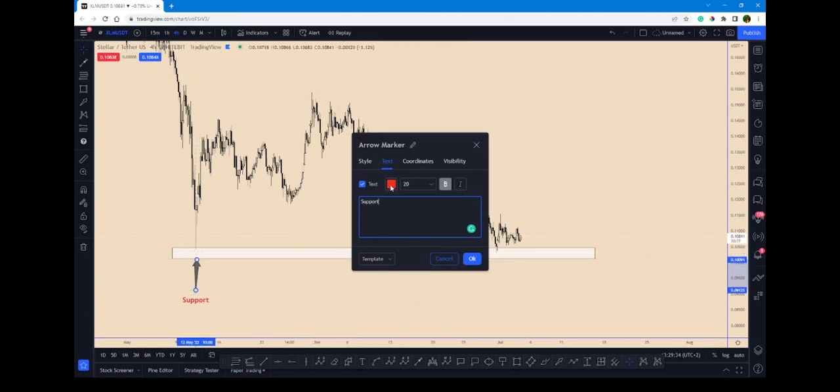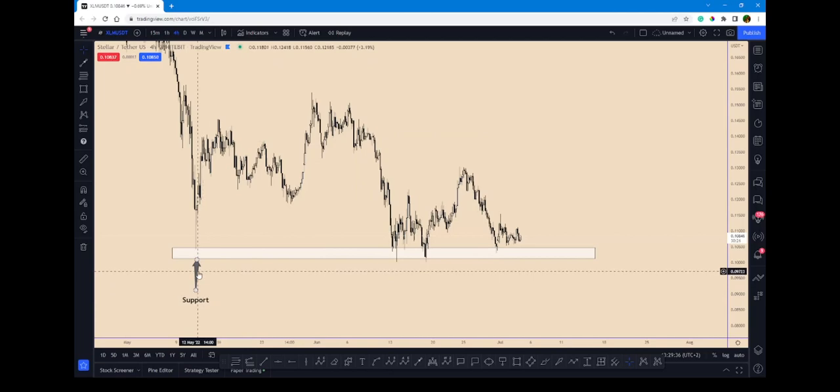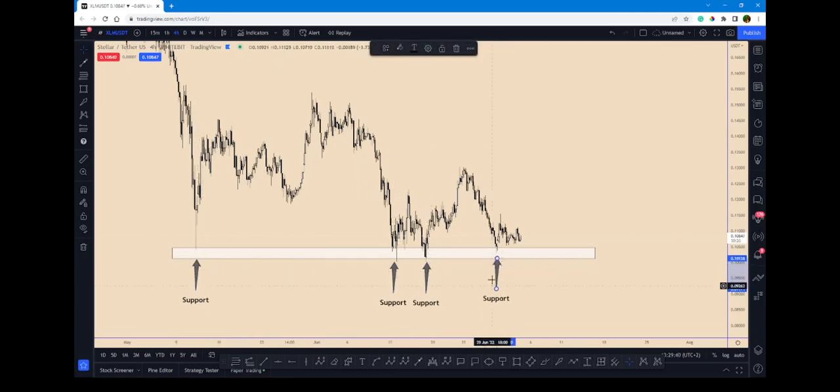These are our support zones, as you can see. First support, second, third, price came down, so the probability is increasing that the price can continue moving up from this point. Now we are going to label the resistance areas.